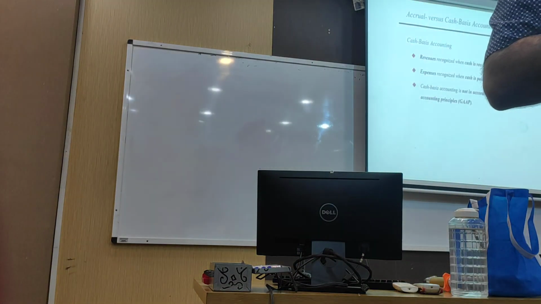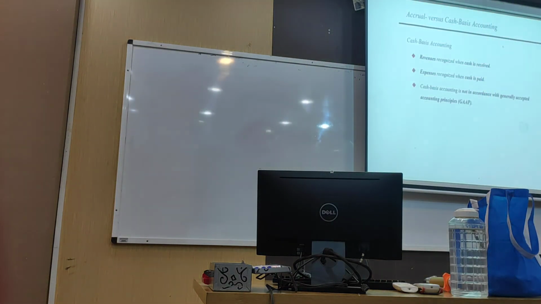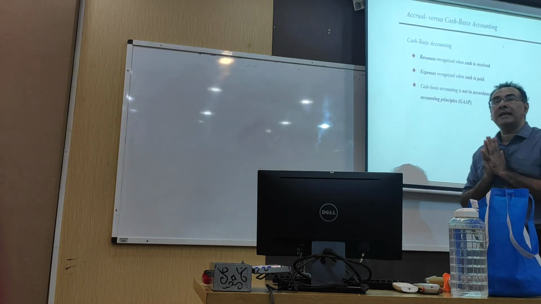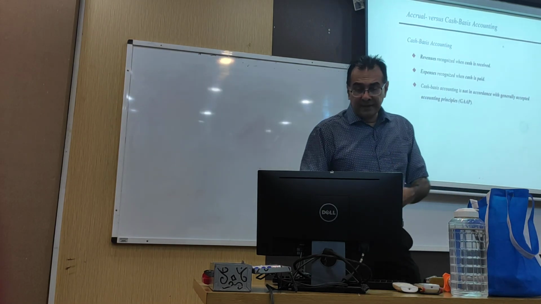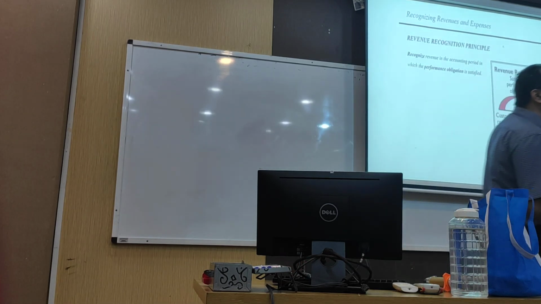I may have the revenue in July, but I may only receive it in September. I might have paid the expense in July, so there will be a mismatch between revenue and expenses. So to avoid that, everybody is adopting the accrual basis of accounting. Is this clear or not clear? Alright, so you need to know the difference between accrual and cash basis of accounting.